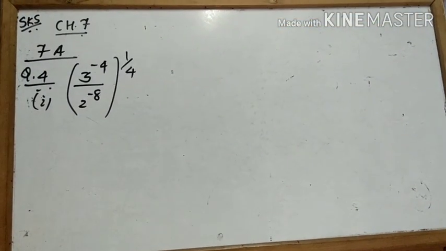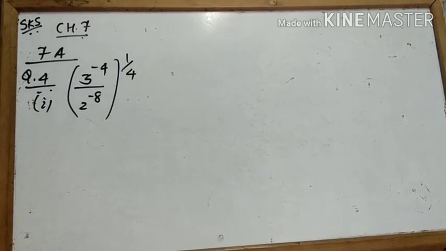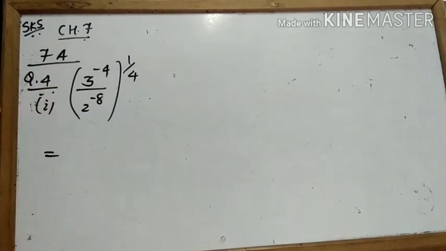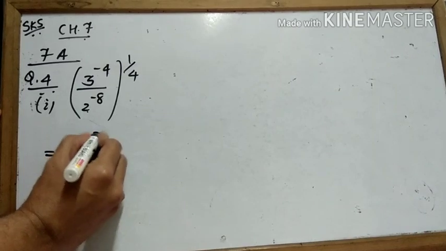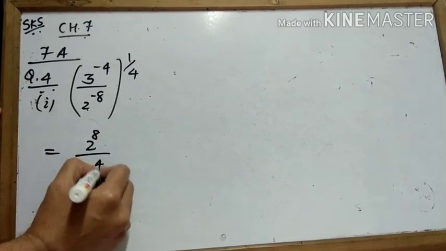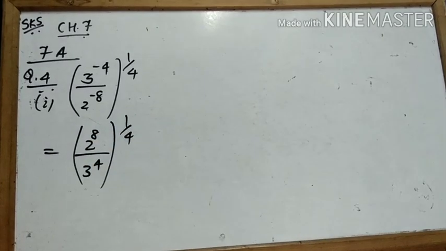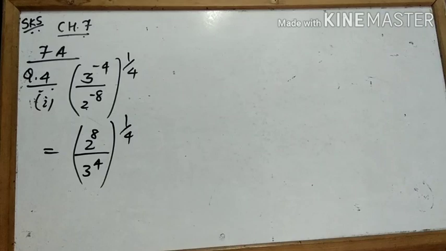Question 4, sub question 1, not a difficult one. 3 raised to negative 4 upon 2 raised to negative 8 whole raised to 1 upon 4. Now what I am doing is just converting this negative power into positive, this negative power also into positive. So this becomes 2 raised to 8 over 3 raised to 4 whole raised to 1 upon 4. And if you remember the rule, this 1 upon 4 will be applicable to the numerator as well as the denominator.